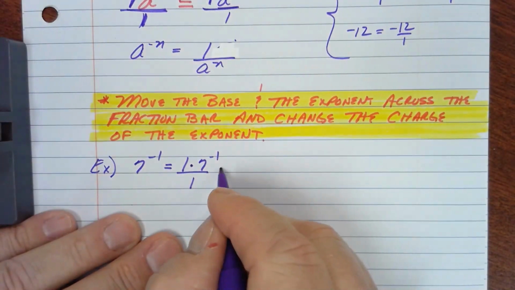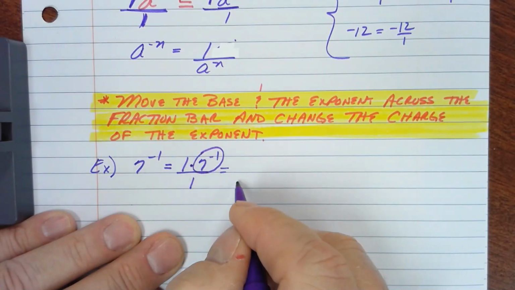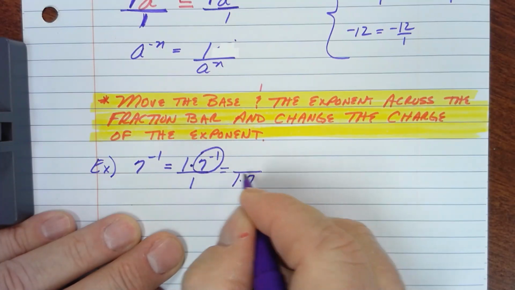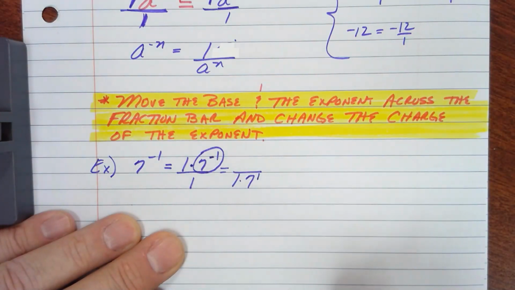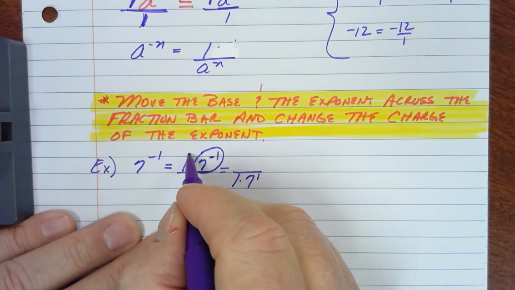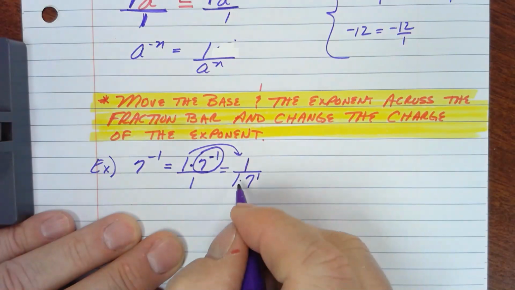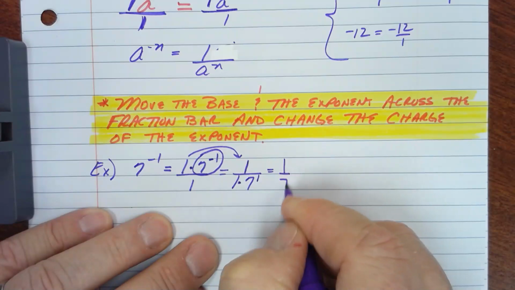So as I move this base and exponent across the fraction bar, I'm going to change this negative charge to a positive charge. And this 1 that was already up here, but not very often written out, stays there. So the answer here is 1 over 7.